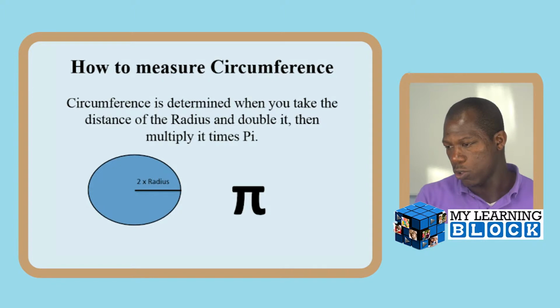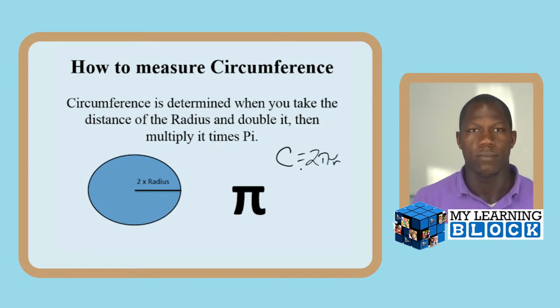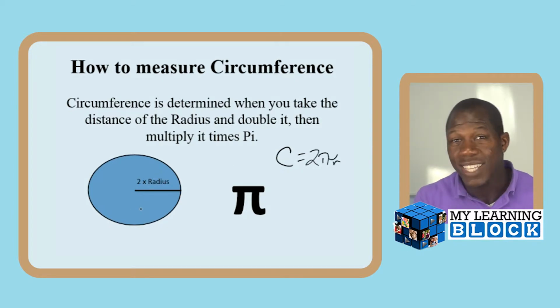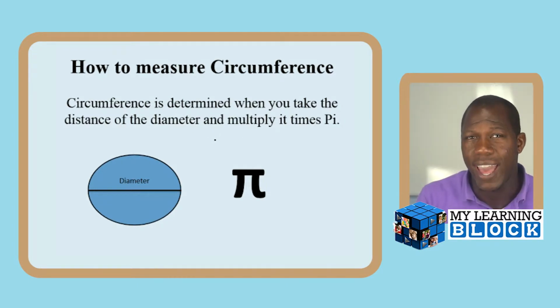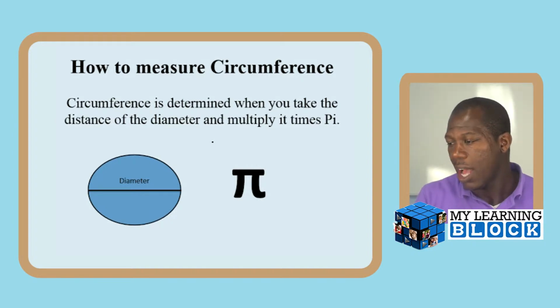Circumference equals 2 pi r. Yes, it does, but I think it's a little bit easier because, as you know, r is radius. It's just easier to say diameter, especially if you have the diameter, not having to divide it and different things. So I'm just going to say circumference equals diameter times pi.